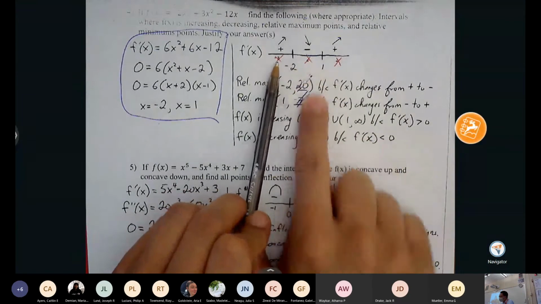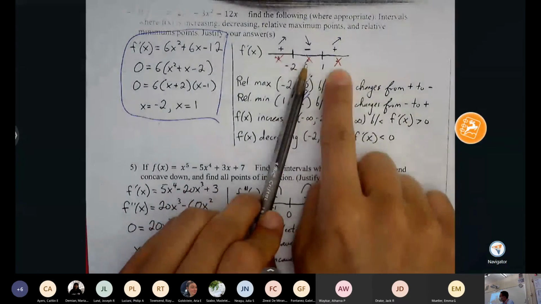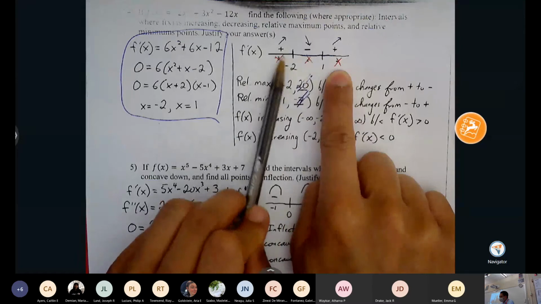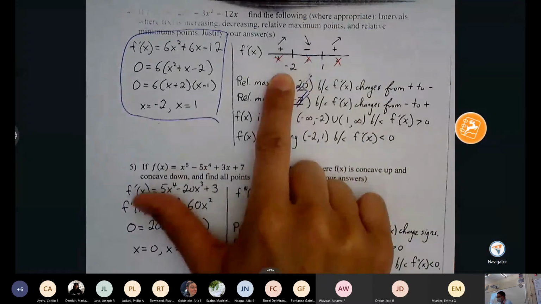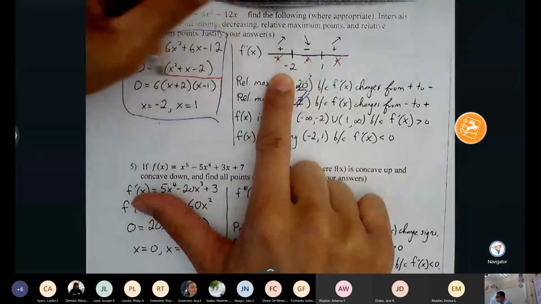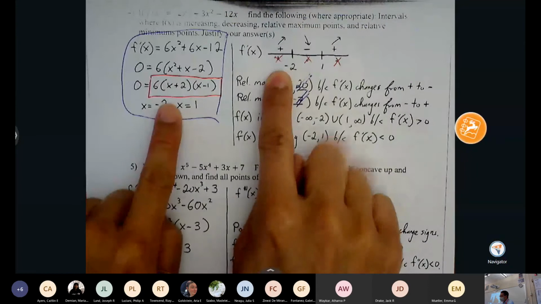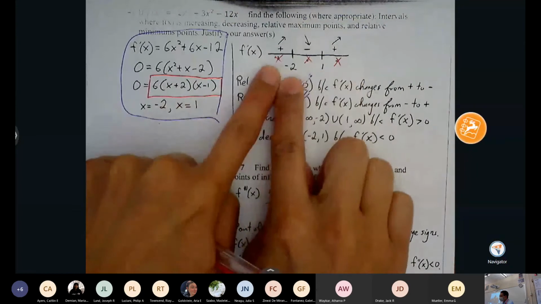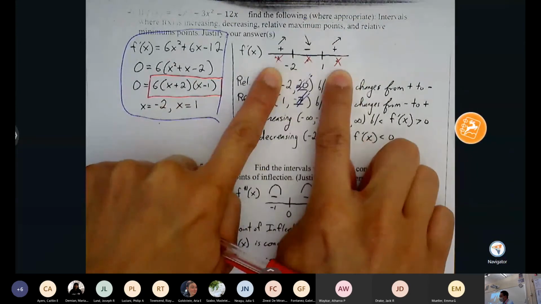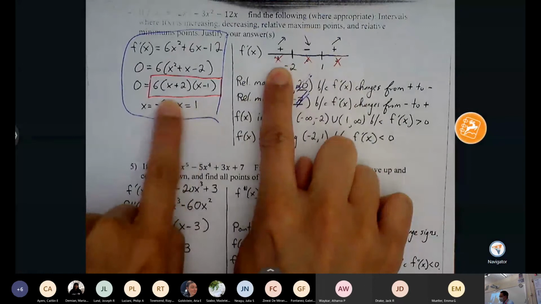So I can choose -3, I can choose 0, and I can choose 2, right? And I'm going to plug these numbers into my first derivative function. All I care about is whether they give me a positive or negative value. So you just choose any number like below -2? That's right, between -2 and the next critical point. And you plug this in.